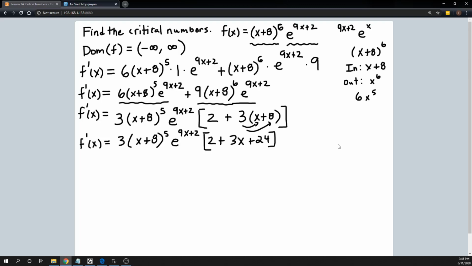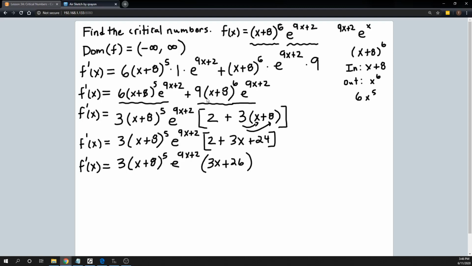All right, keep simplifying. So I have 3 times x plus 8 to the 5th, e to the 9x plus 2, and 3x plus 26 here. And that's it. So the trick on these problems with e to the x is to factor those out completely.